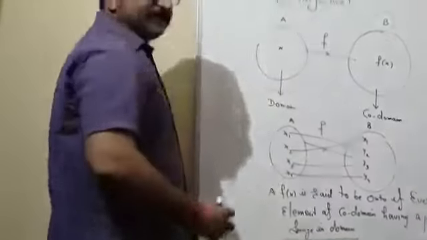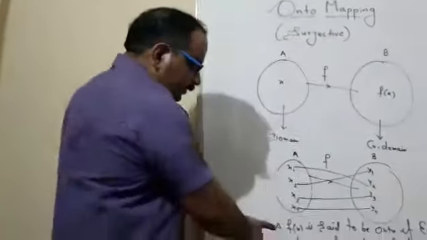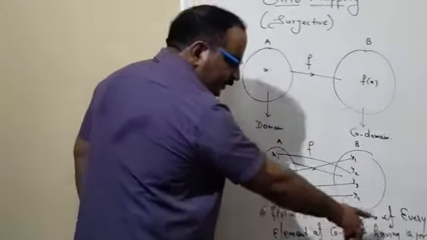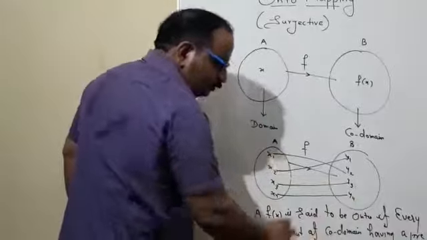So this is the basic definition of onto mapping. A function f(x) is said to be onto if every element of the codomain has a pre-image in the domain.